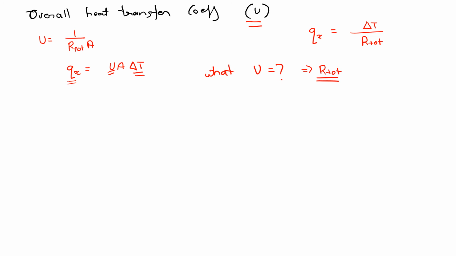Now another thing that we ignored in our composite system, or have been ignoring until now, is something called a contact resistance. So say you have a composite system, or say you have two materials. Okay, say this is material A and this is material B, and that's the interface of the material.